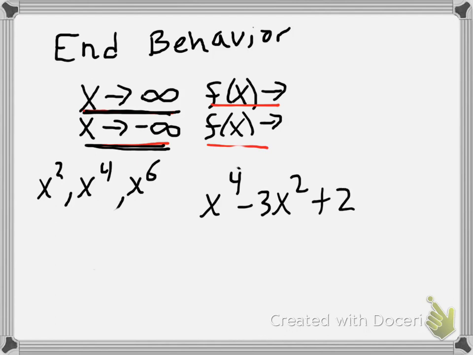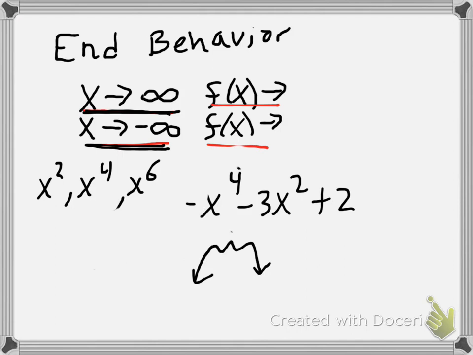Okay, since the front of it is positive, there's no negative number, it's going to go up. Both ends, no matter what it does in the middle, are both going to go up. Whereas if I had a negative in front of it, so if I had negative x to the fourth, that means they're both going to go down. Both the end arrows, no matter what happens in the middle, are both going to go down.